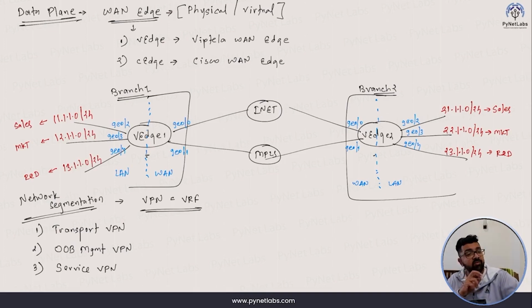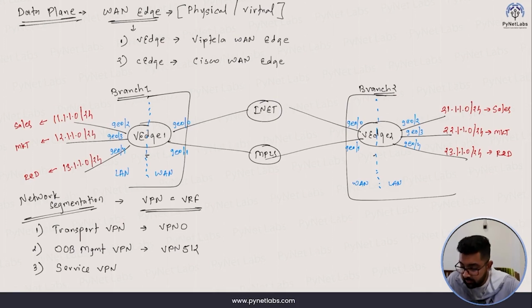And every VPN needs to be identified with a number. So the transport VPN will always be VPN number 0. The out of band management VPN will always be VPN 512.